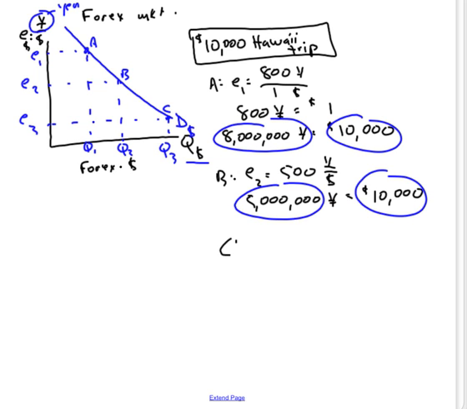And what if we take it further? At point C, let's say the exchange value of the dollar has fallen to 200 yen per dollar. Now that same vacation costs only 2 million yen.